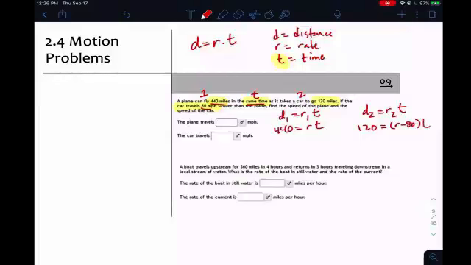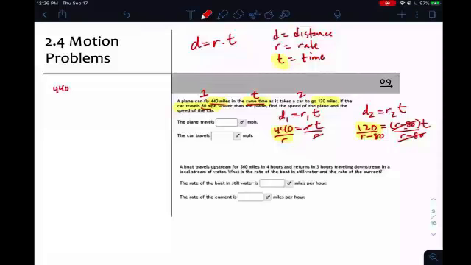And then the t value stays the same. So I can solve each of these equations for t, dividing both sides to isolate my t. Now I have two expressions that are both equal to the exact same thing, t, so I can set those expressions equal to each other and solve the resulting equation.